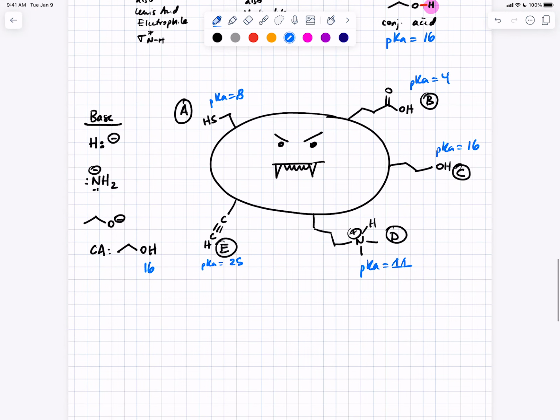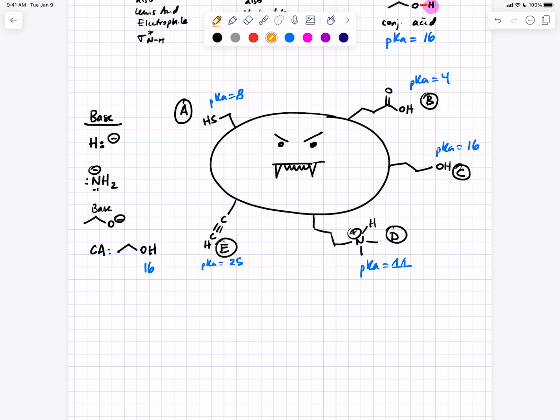So now I'm just going to go through and see, okay, a base can remove a proton when the conjugate acid of the base has a pKa greater than that of the acid in question. So now it becomes a greater than, less than question, which you can do, right? Now we're back to, when was that, second grade, third grade maybe?